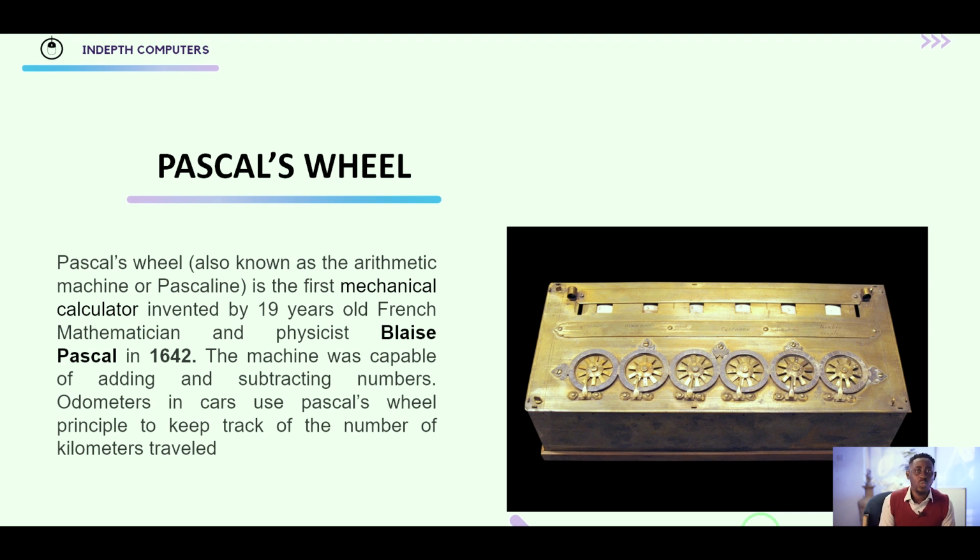Now, the Pascal's wheel is also a great invention because it is the idea of the Pascal's wheel that was put into developing the car odometers that we use today. And we know that car odometers are used in calculating the speed traveled by a vehicle. So Pascal's wheel is a very good invention, and the idea is currently helping in today's world.